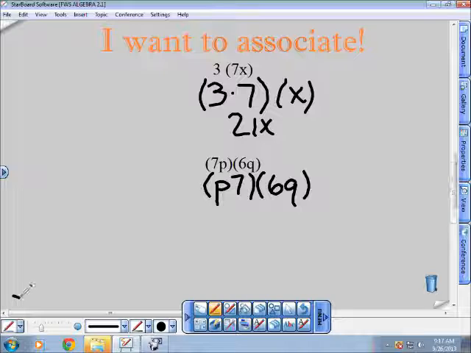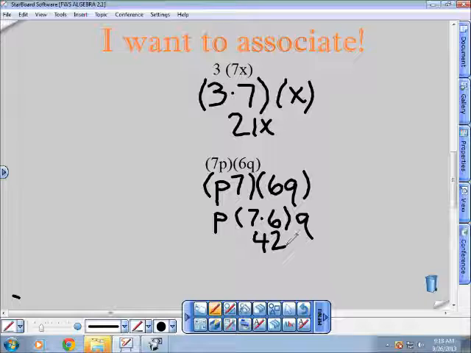We commuted. Okay. Now if we're going to associate, what two things do we have that we can associate together? 6 and 7. What is 7 times 6? 42. Can I simplify my P and my Q?